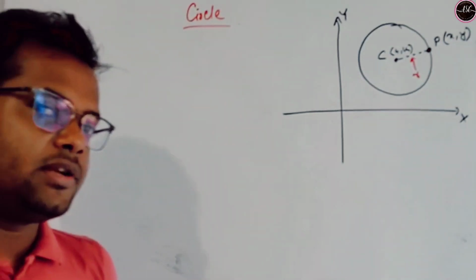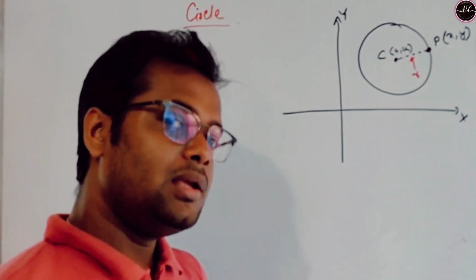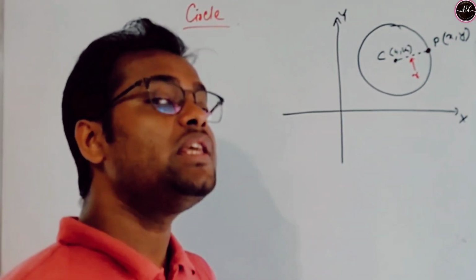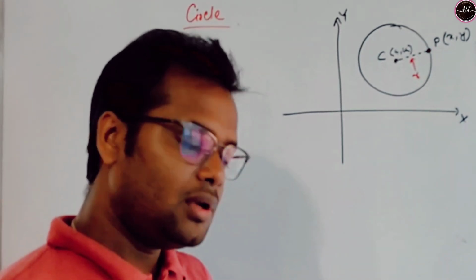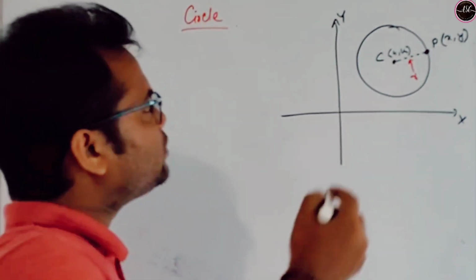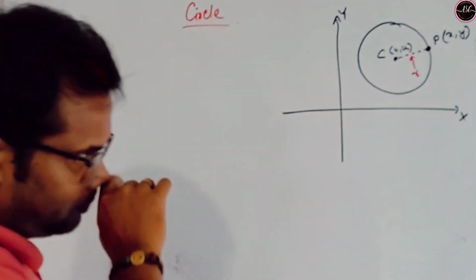So what will be the definition of the circle? Circle is a set of all points which is equidistant from a fixed point is called circle. Here this fixed point is C, that means center.